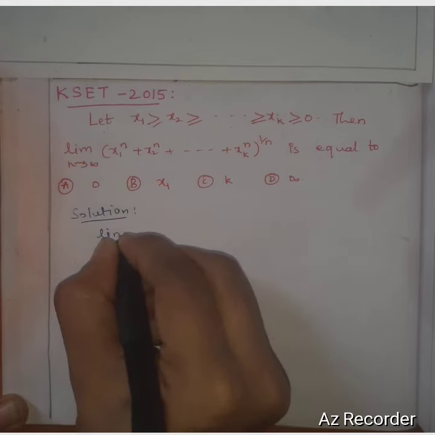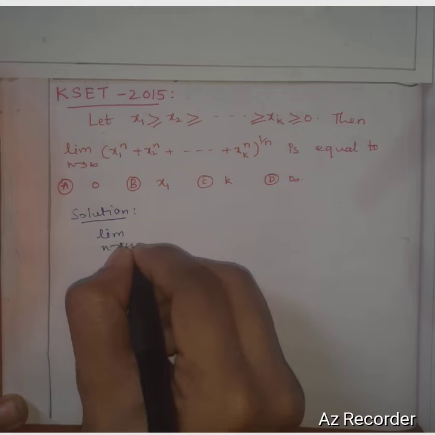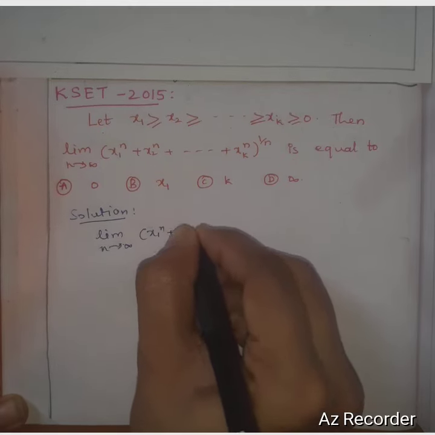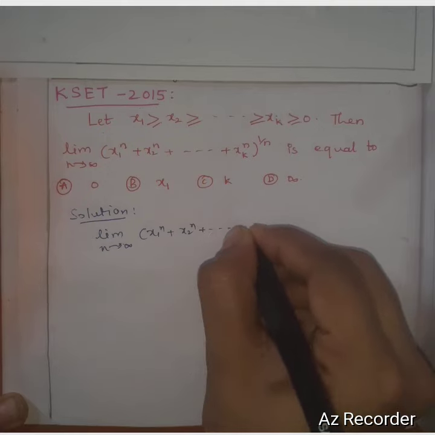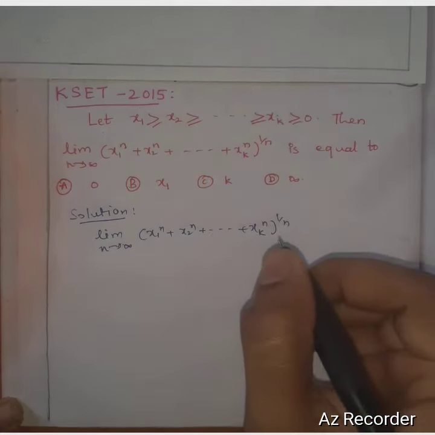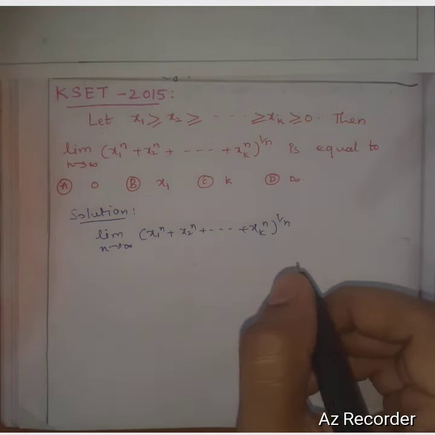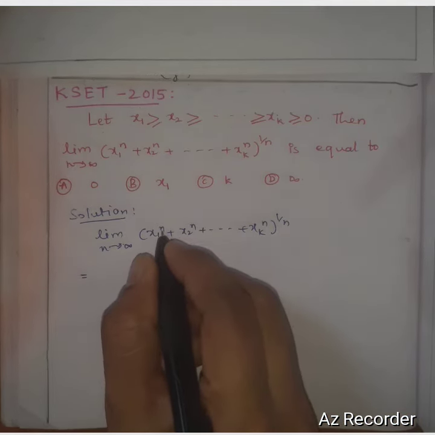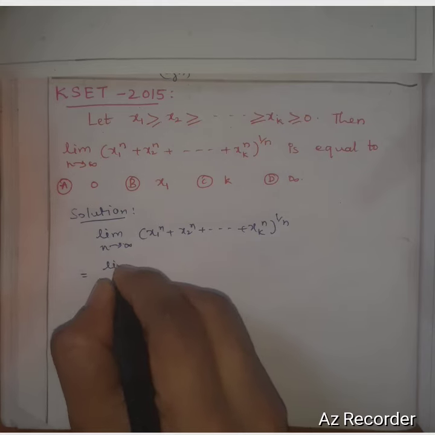Given limit n tending to infinity of (x1^n + x2^n + and so on + xk^n) whole thing to the power 1/n. So this I will calculate as I will take x1^n outside. So what will happen?